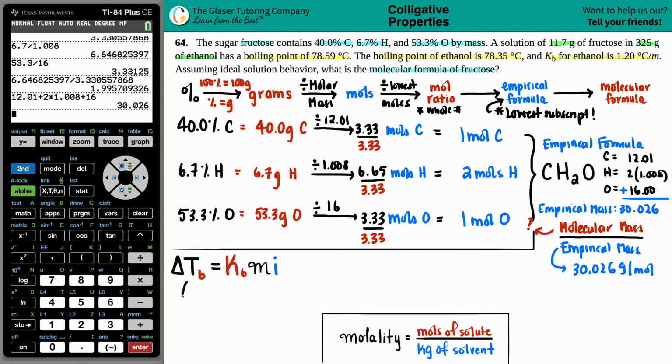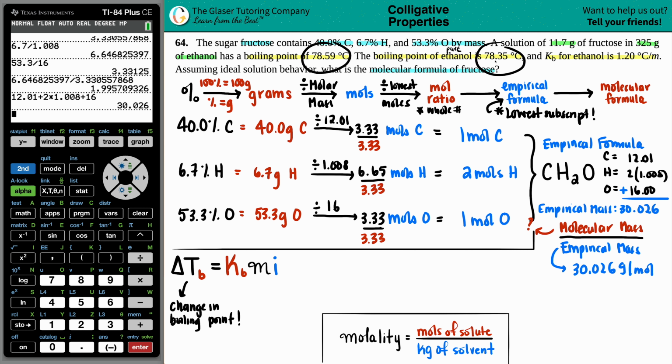Now let's see. Delta TB is the change in the boiling point. Do we know that? Well, yeah. They told us that the solution had a boiling point of 78.53, and the boiling point of just the pure ethanol is 78.35. So there is a difference here.